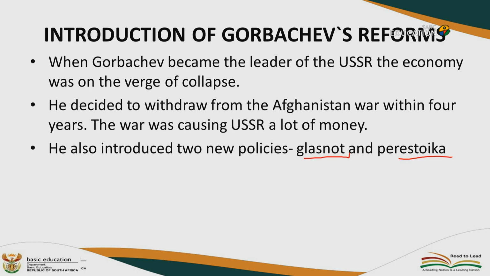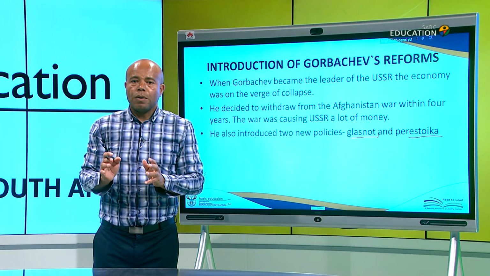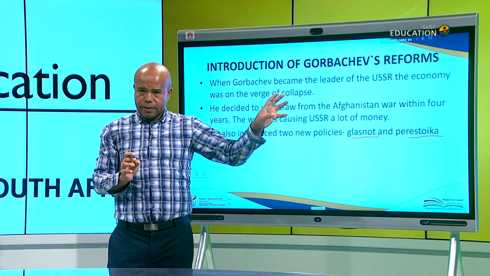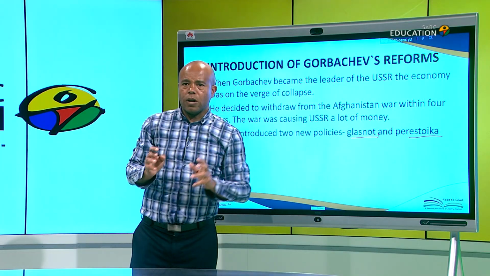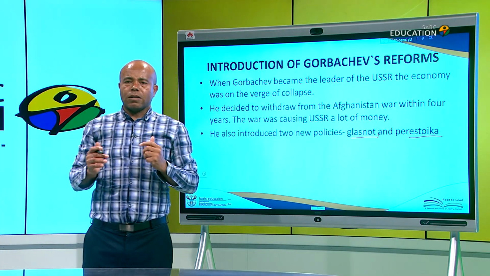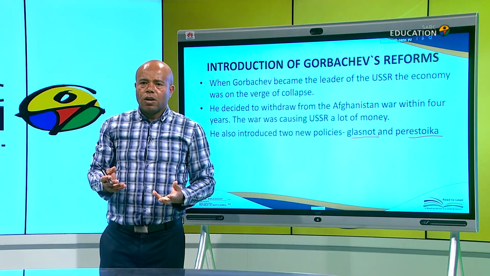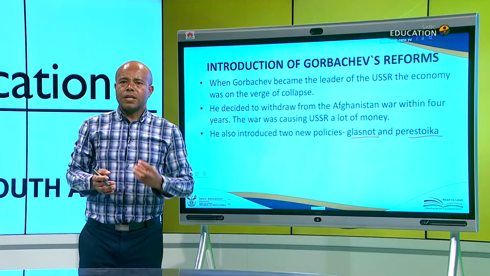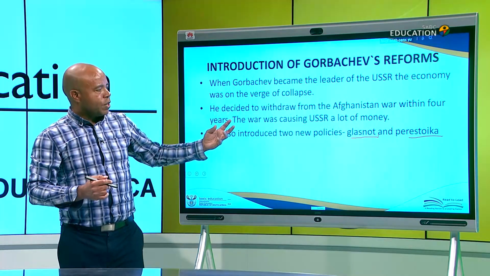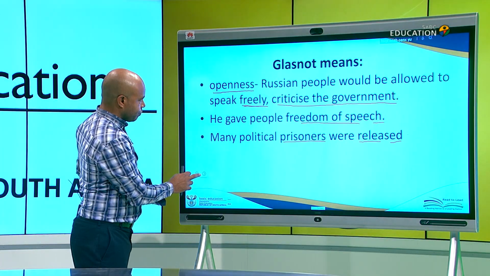Glasnost and Perestroika were called Gorbachev's policies. So we must not get confused with Brezhnev's policy, which was called Detente. Gorbachev also introduced another policy called democratization, where within the Communist Party they first had elections. But the focus for this question is Glasnost and Perestroika.